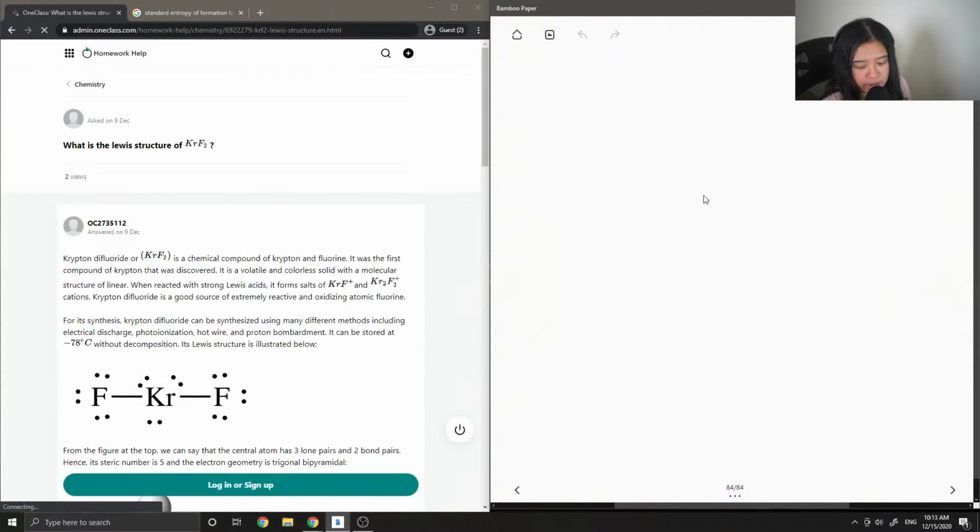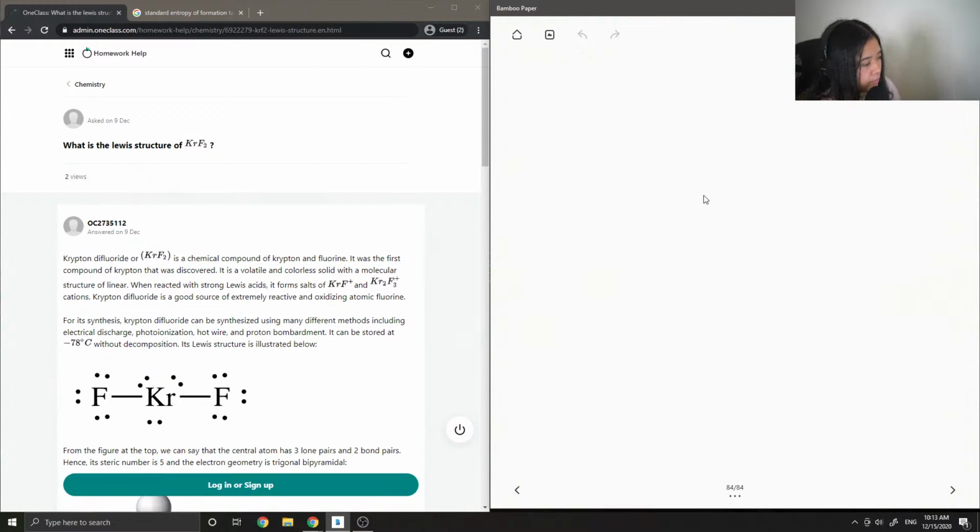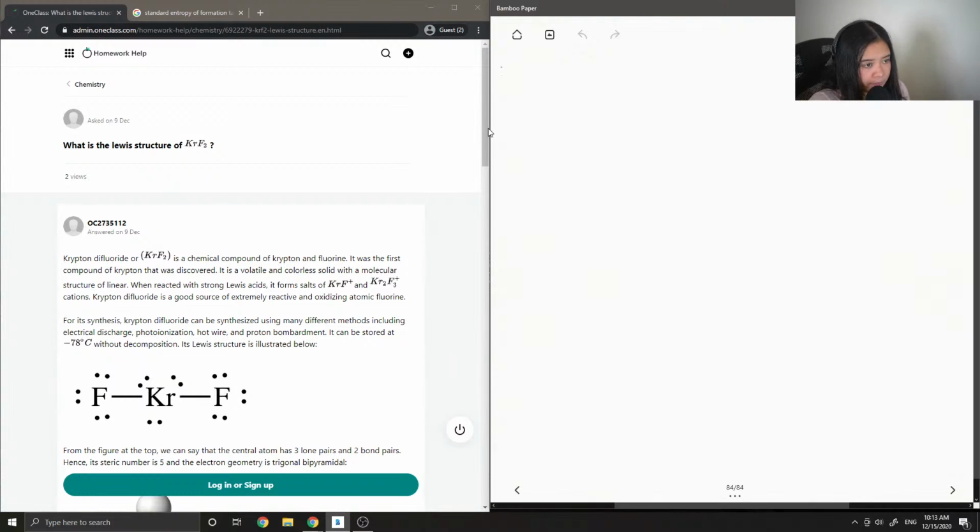Okay, so on to question 3. What is the Lewis structure of krypton difluoride? Okay, so when finding the Lewis structures, I like to first write out the total valence electrons in the molecule.